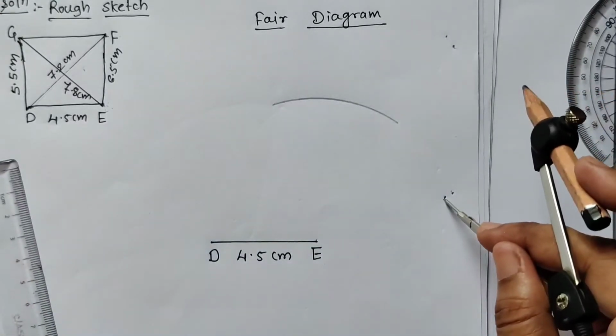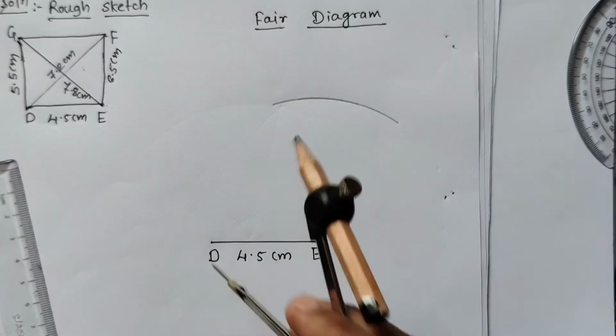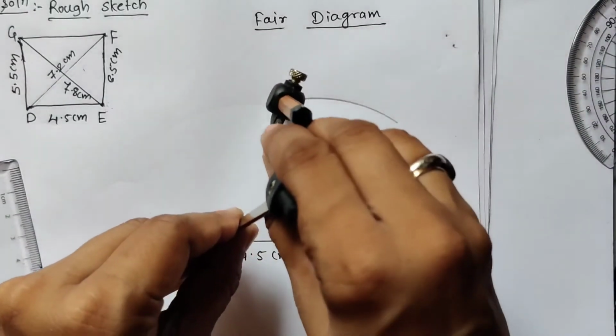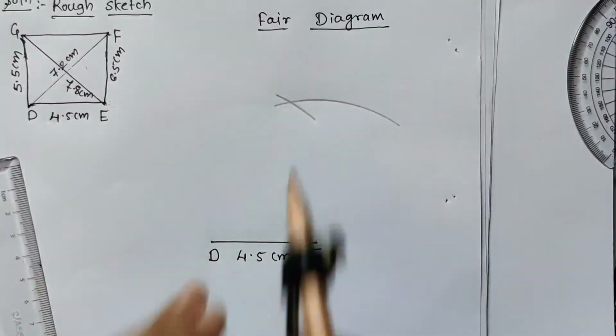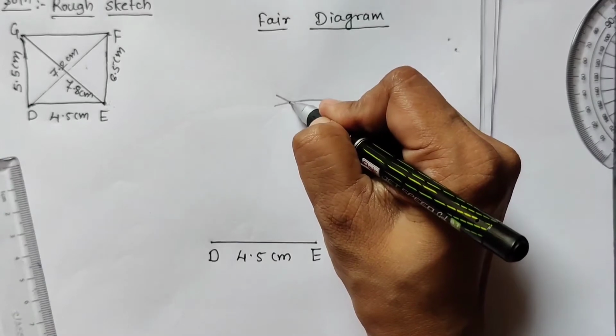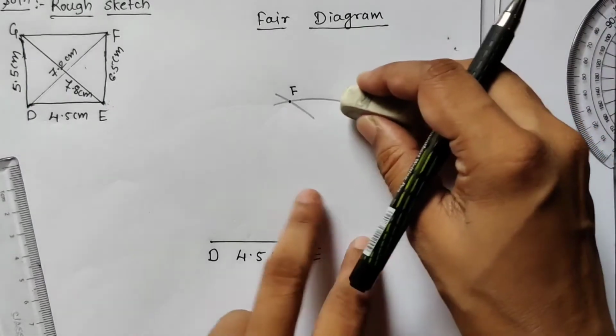I am going to take this much distance in my compass, 7.2, and it is at 7.2 from point D. So from point D I am going to draw another arc which touches the previous one, and in this way we can fix the position of point F. We have fixed the point F. As the previous arc is big, you can just rub out the extra part. See, I am rubbing this extra part.